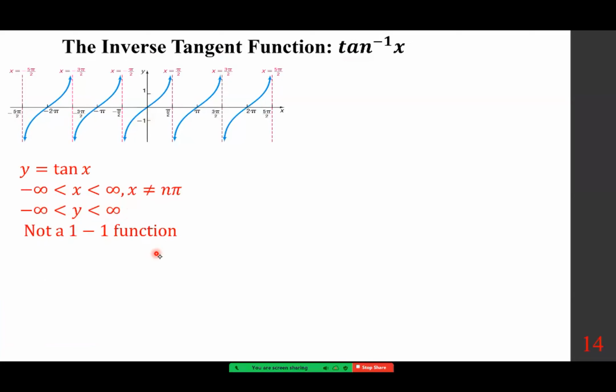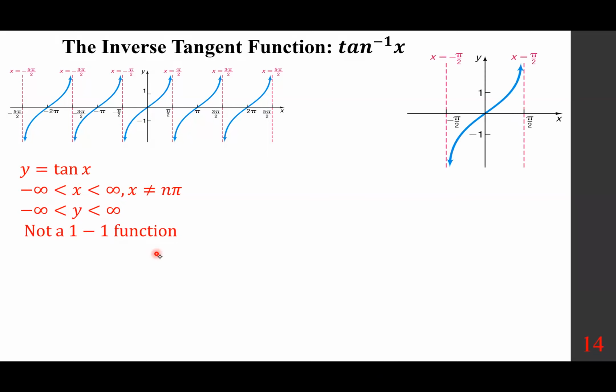Therefore, it's not a one-to-one function. I can't emphasize this enough. The way it is, it does not have an inverse.